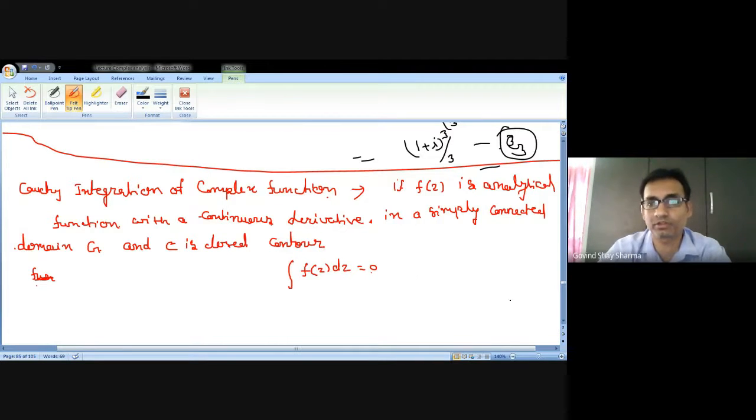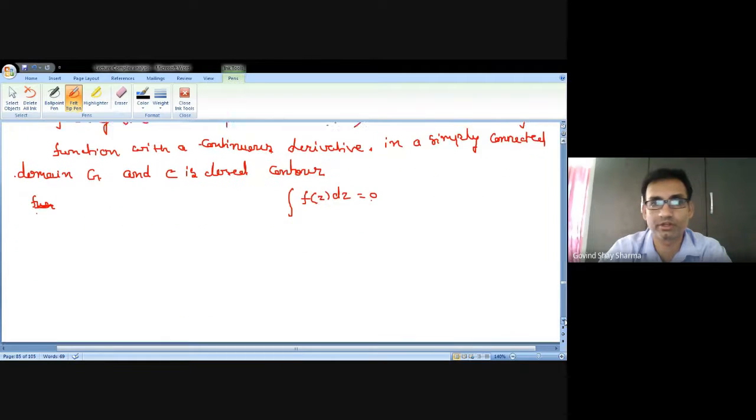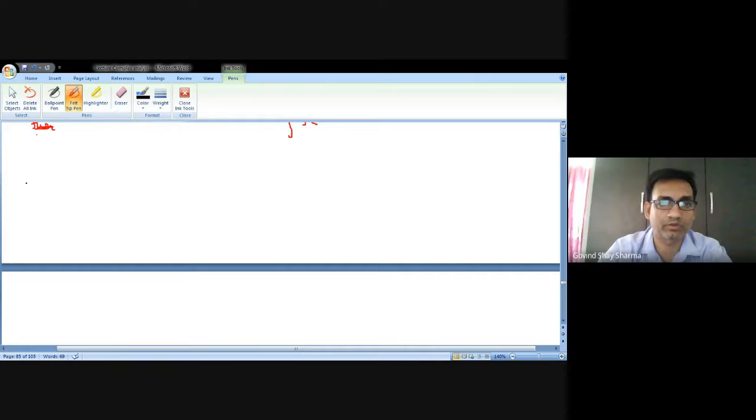Now the fundamental theorem. I think this is already done.